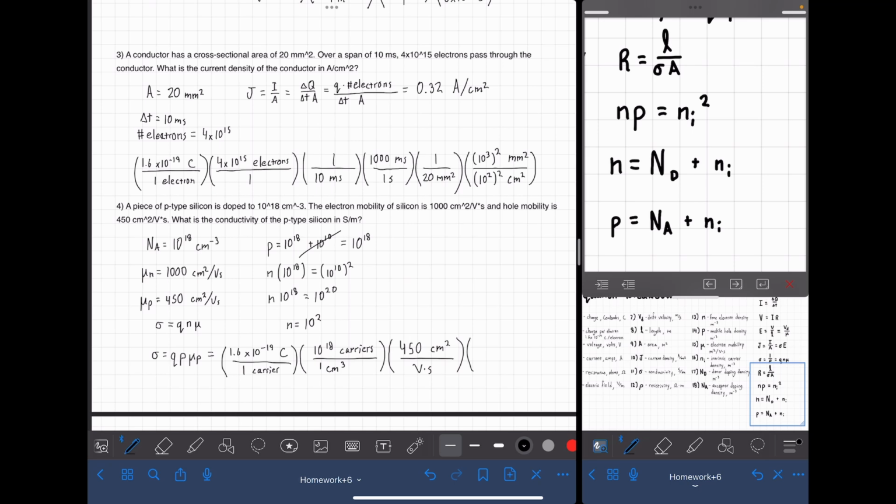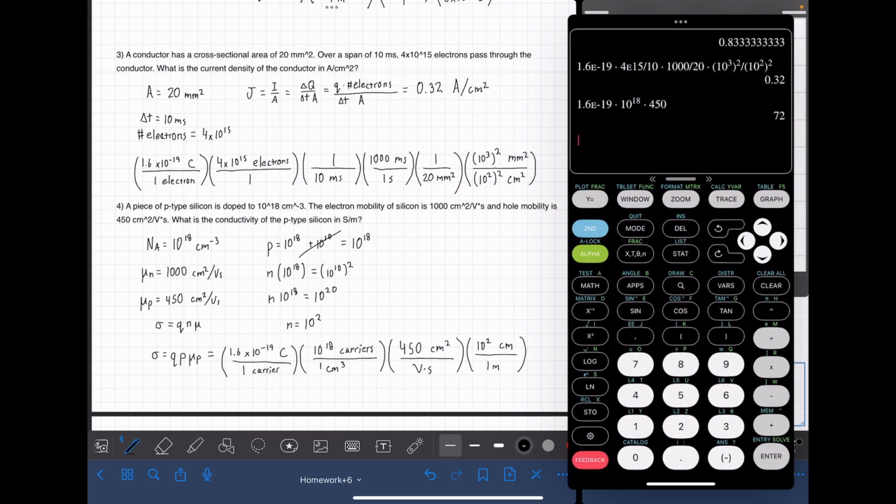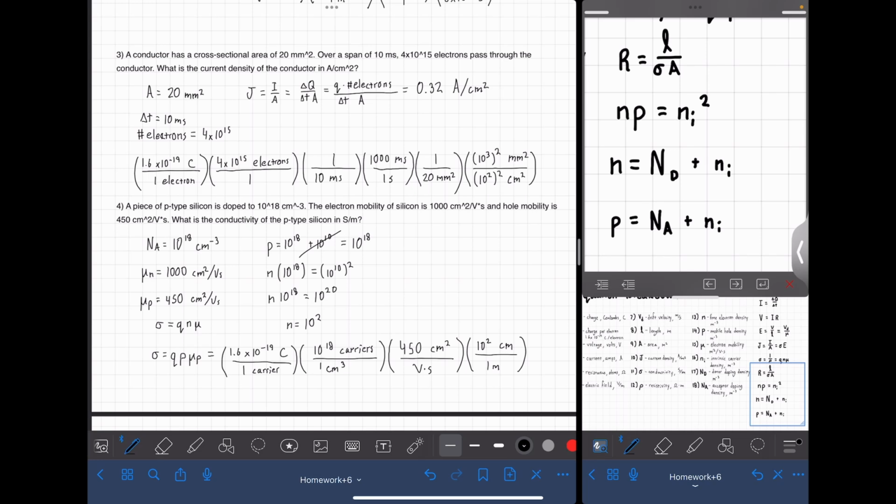So to cancel out the centimeter, we're going to put 10 to the 2 centimeters divided by 1 meter, which gives us 7,200 Siemens per meter. Alrighty, that's all.